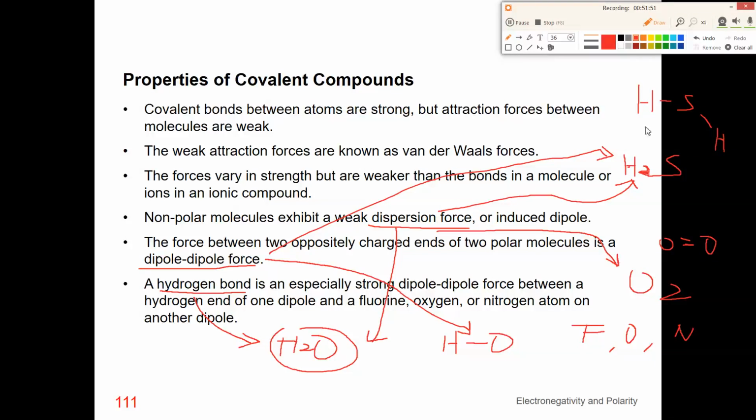So for this dihydrogen monosulfide, the bond is polar, so there is a dipole force, and dispersion force also exists. So basically, dispersion force exists in all covalent compounds.